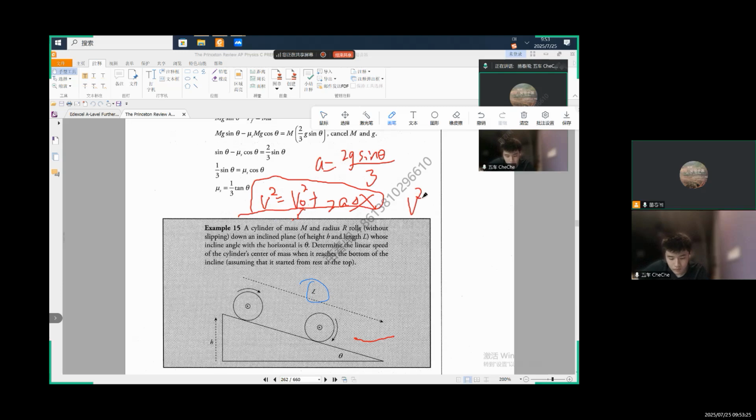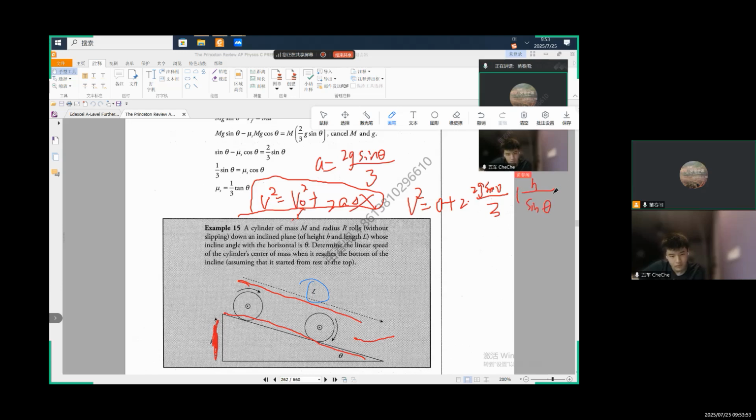So v squared is just 0 plus 2 times 2g sine theta over 3 times my delta x from here to here. They mentioned this one is known as h, and this one is theta. So the distance or displacement is actually h over sine theta.